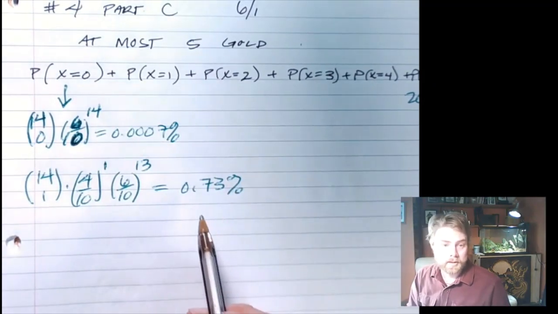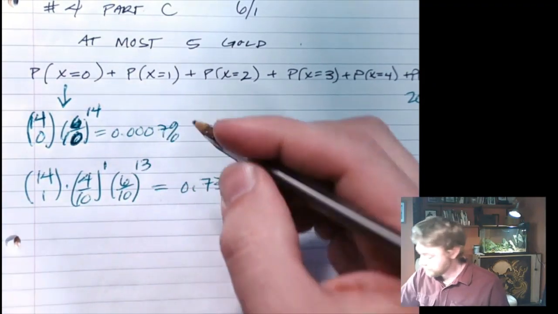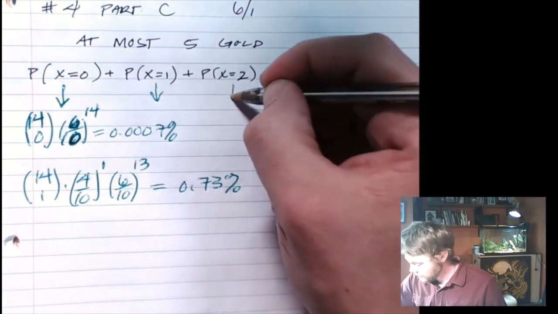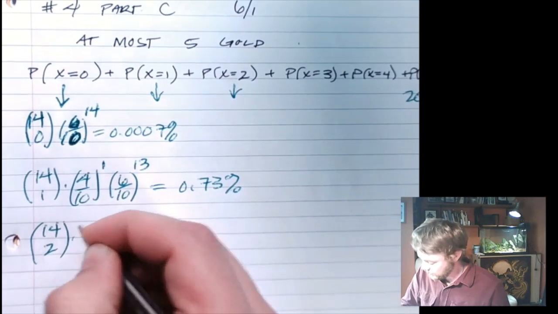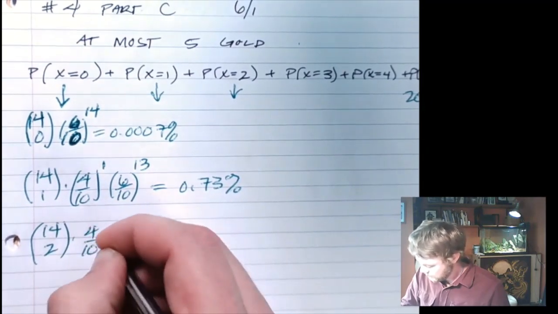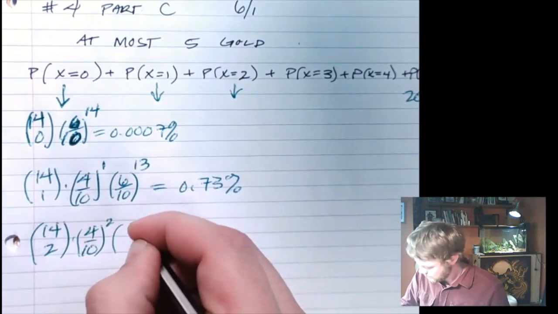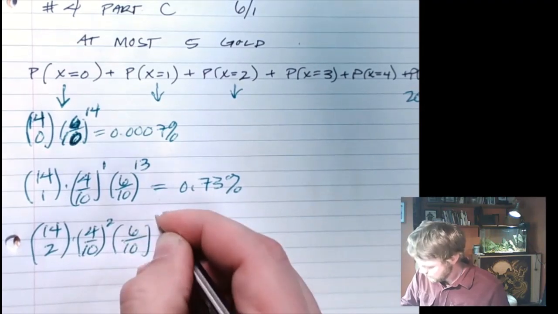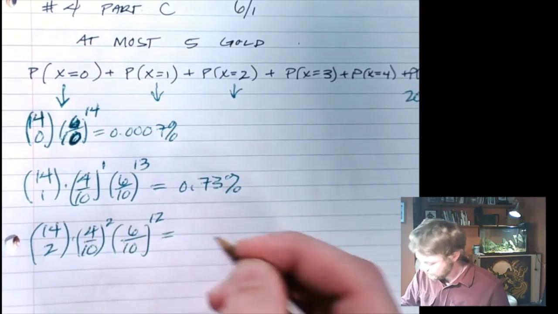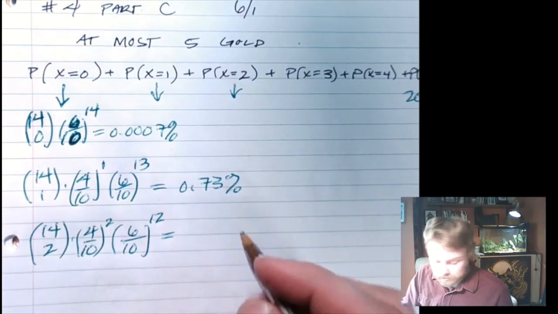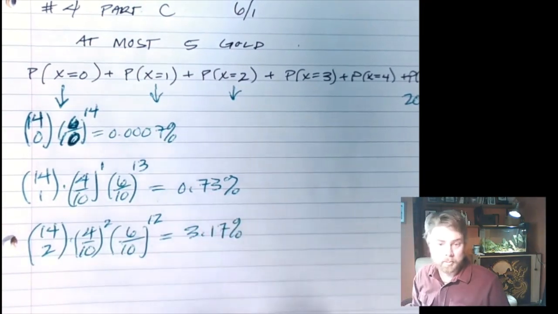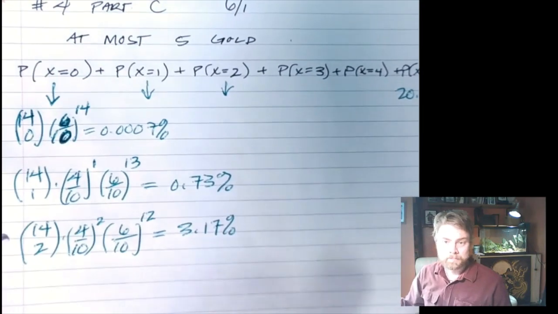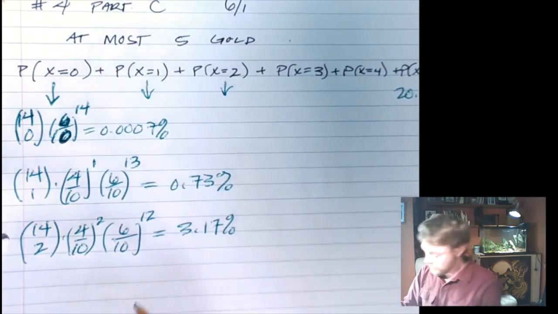Again, highly unlikely. Okay, that was this one. Let's do this one. X is 2. 14 choose 2. Uh, 3.17. Okay, possible but slim. And then X is 3.